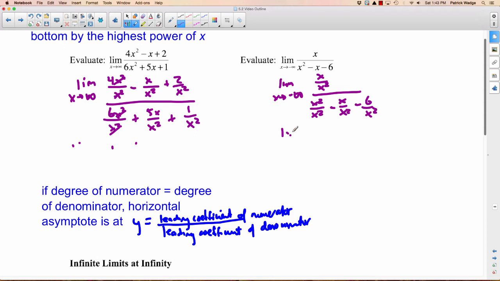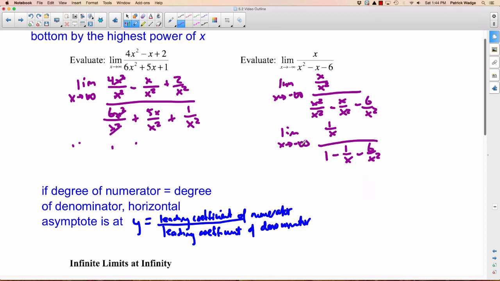Well, let's simplify first. So with the limit as x approaches negative infinity, we have x over x squared, which is the same as 1 over x, over x squared divided by x squared is 1, minus, cancel an x here, you get 1 over x. Nothing you can do here. 6 over x squared. Okay, now we can use that same rule again.